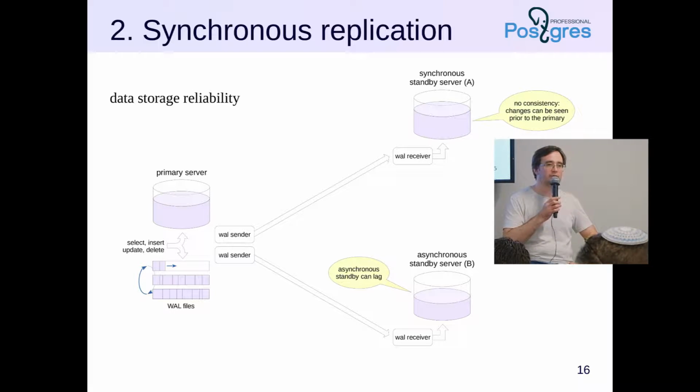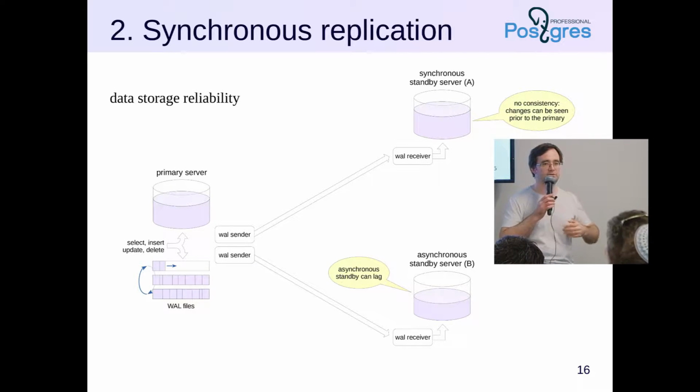You can use synchronous replication. It's like synchronous mode, when your commit command waits until all necessary data is flushed to disk. And in this case, your commit will wait until your data is sent to your standby server, and the standby server acknowledges that it received this information.